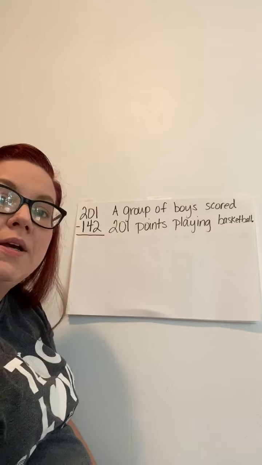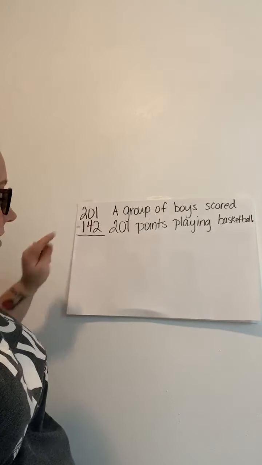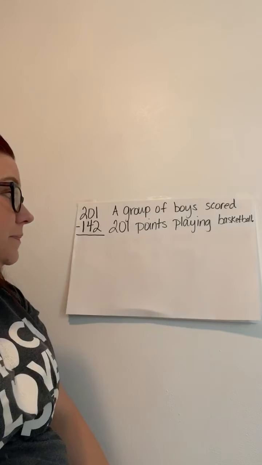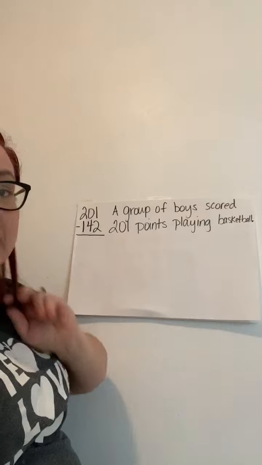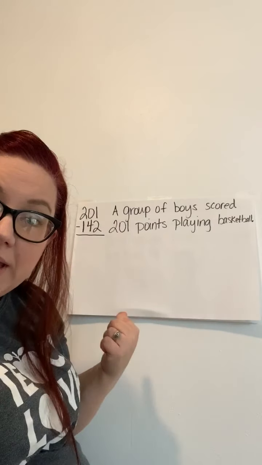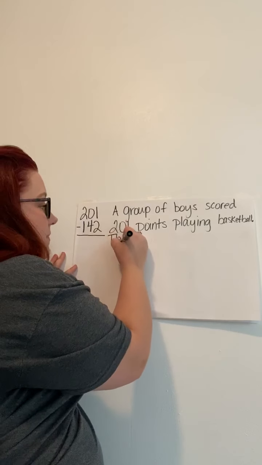Okay? So now we've got to find something to make us take away this number. Okay? So if they scored 201 points on this day, let's say the day before when they played, they scored 142 points.